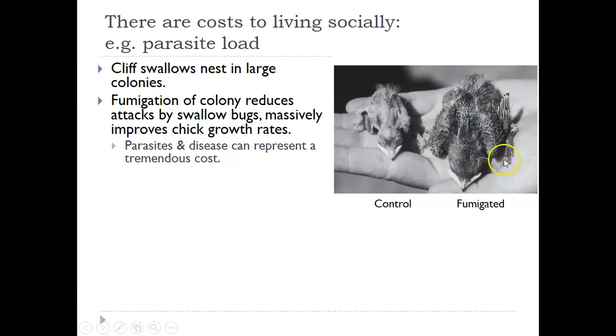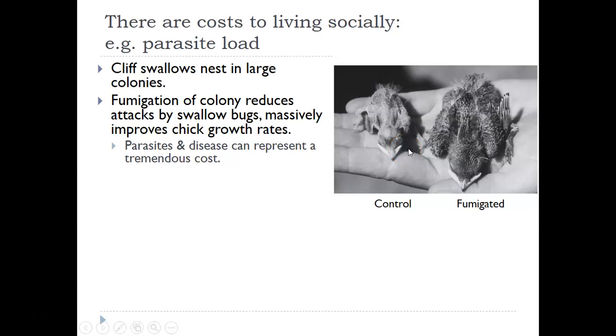And so as a result, all of the various little swallow bugs, and they're literally called swallow bugs, but they're a lot like bed bugs, little blood-sucking parasites, literally, were all killed using this fumigation.